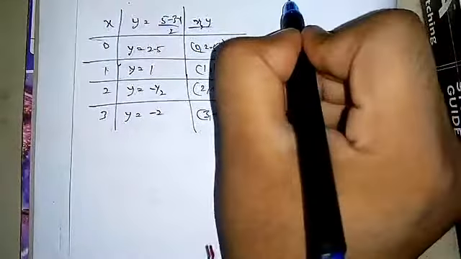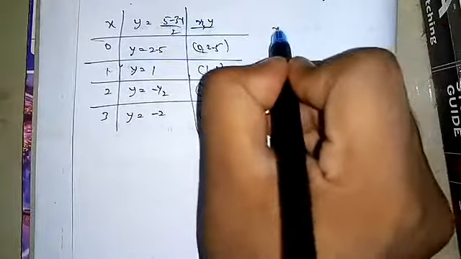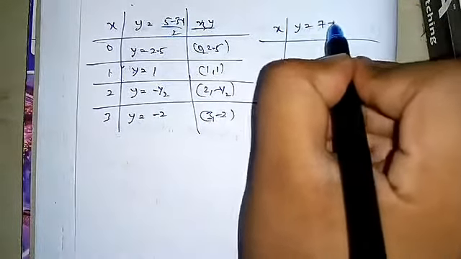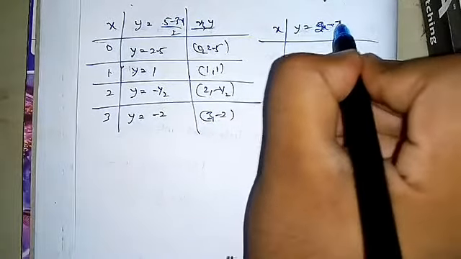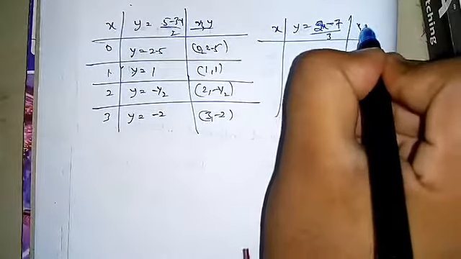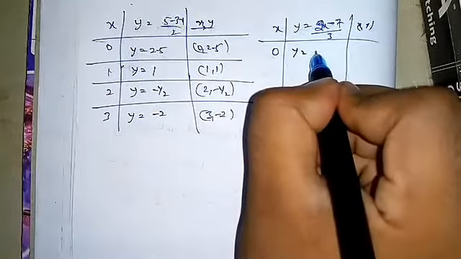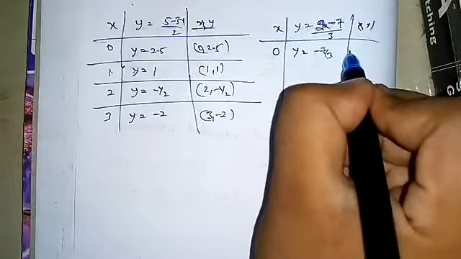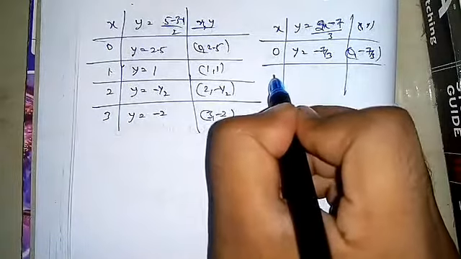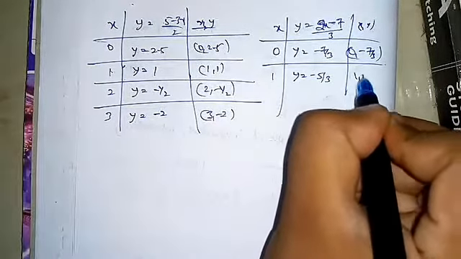Let's form the table for the next equation. 2x minus 3y is equal to 7. y is equal to 2x minus 7 by 3. For x equal to 0, y will be minus 7 by 3, so 0 comma minus 7 by 3. For x equal to 1, y will be 2 minus 7, minus 5 by 3, so 1 comma minus 5 by 3.